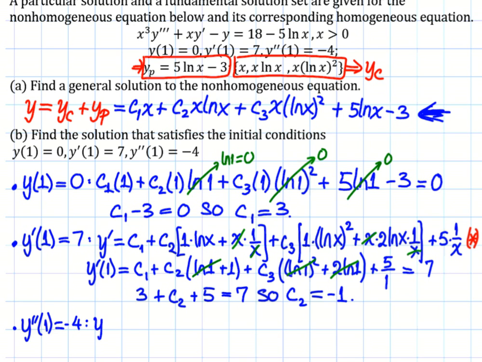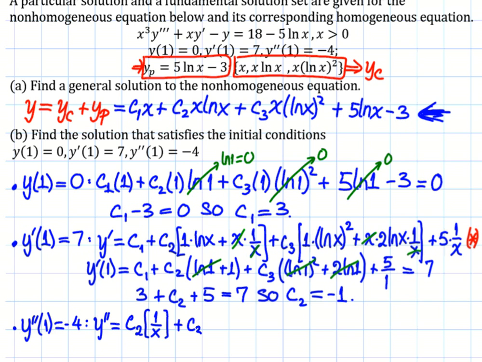Derivative of C1 x, that is 0. And then we have C2, derivative of ln of x inside will be just 1 over x. And then plus 1, derivative of 1 is 0. So that's all we have.